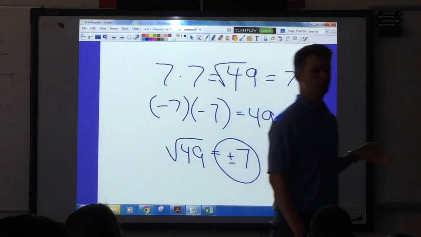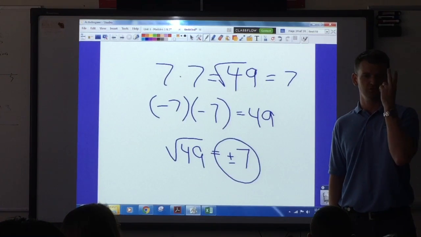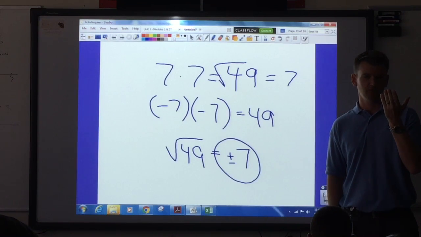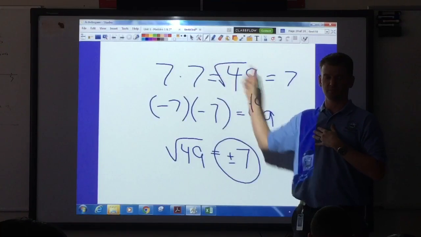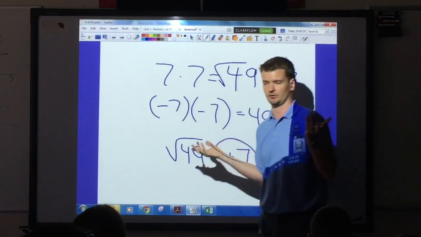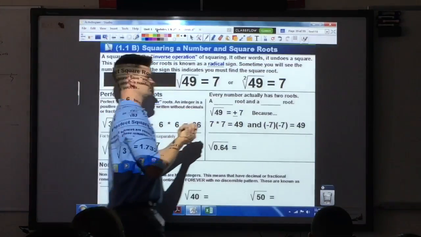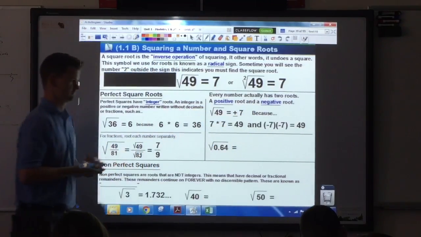You have to know that every single number has 2 square roots, a positive root and a negative root, because 2 negatives make a positive, and 2 positives make a positive. So I've proven to you that every number has 2 roots. We go back to the slide and we see that every number has 2 roots, a positive and a negative root.